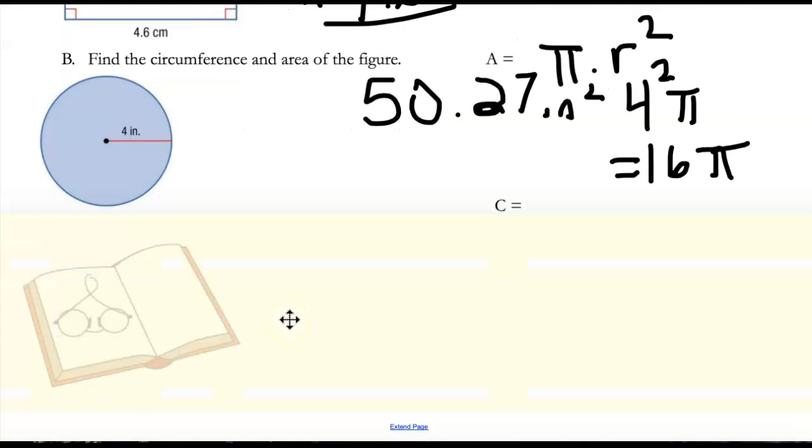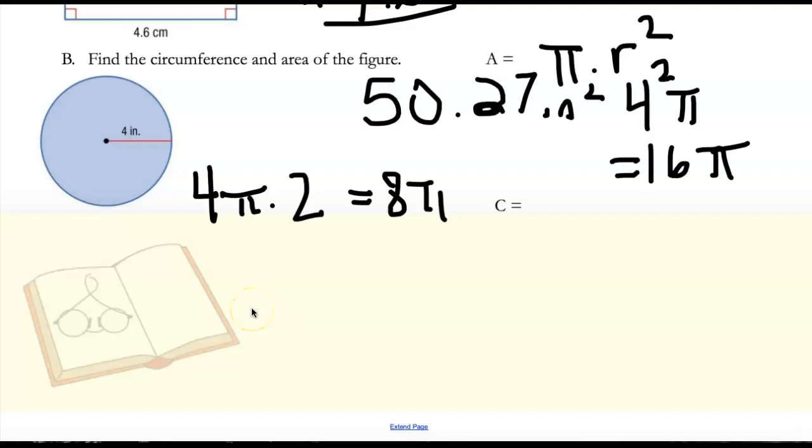In this case, they gave us the radius instead of the diameter, so I could do 4 times pi times 2, or that would be 8 pi. Again, we just want a decimal approximation, so it would be 25.13. And again, this would be just in inches.